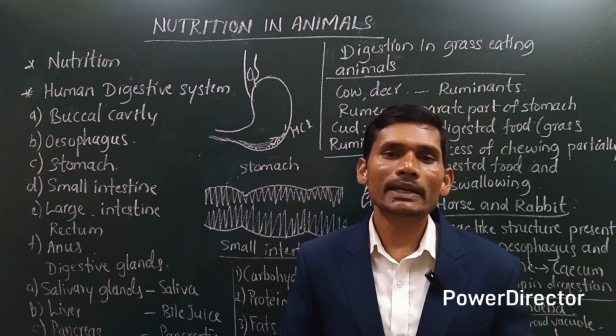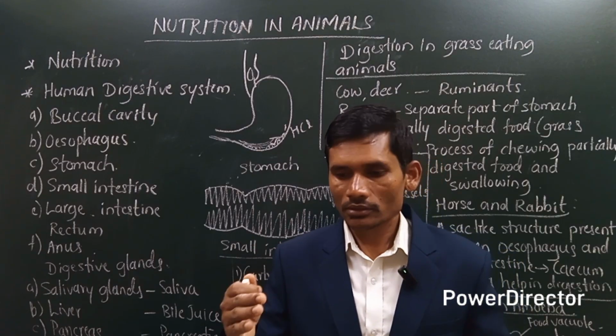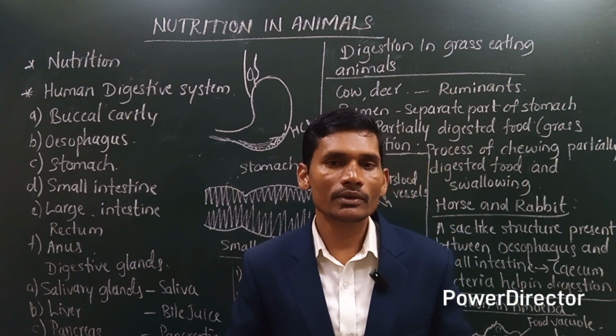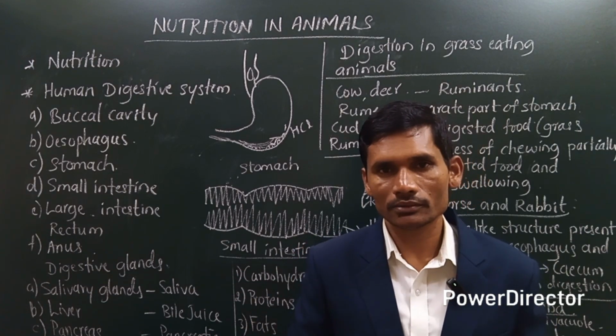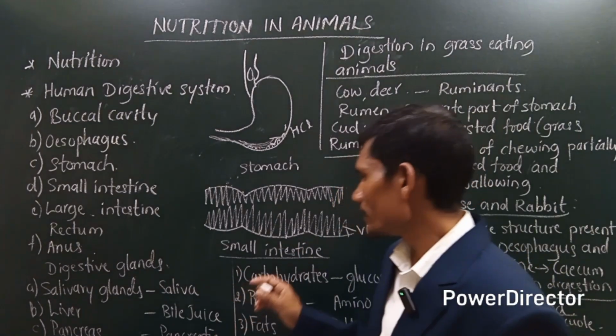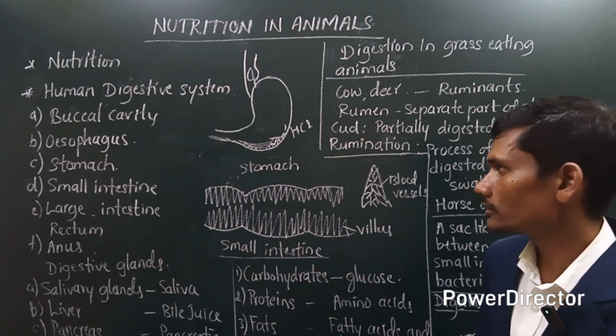Later it is eliminated in time. This process of elimination of undigested food through the anus is called egestion. So this is how the entire digestion takes place in human beings.